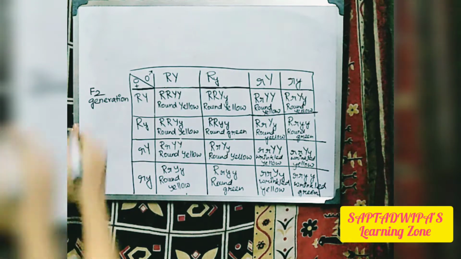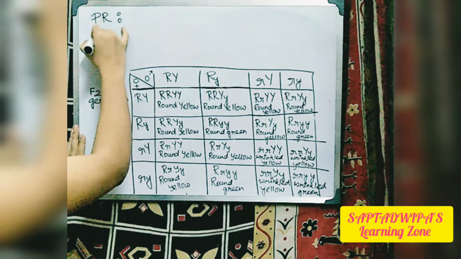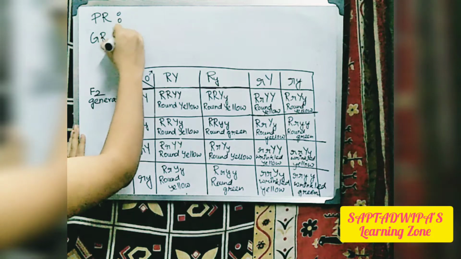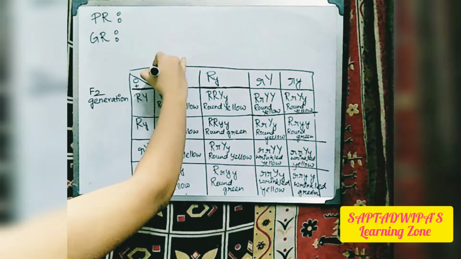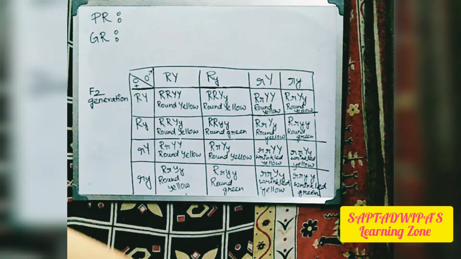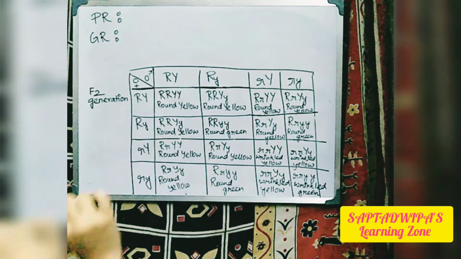So phenotypic ratio, that means PR, and genotypic ratio, that is GR. Okay. Phenotypic ratio means what? That means seeing the physical appearance. Genotypic ratio means gene wise, whichever is similar. Okay. So what is the phenotypic ratio of this one? Round yellow, that is a phenotype.